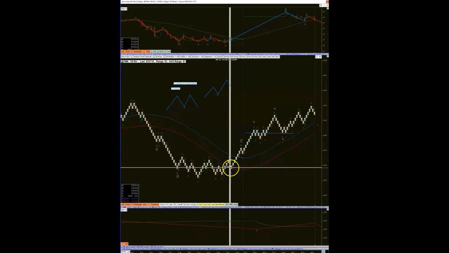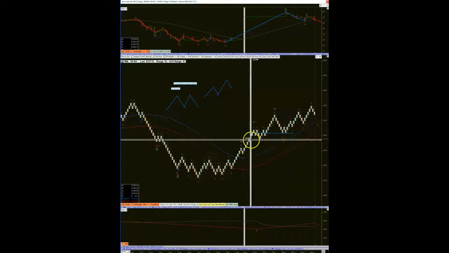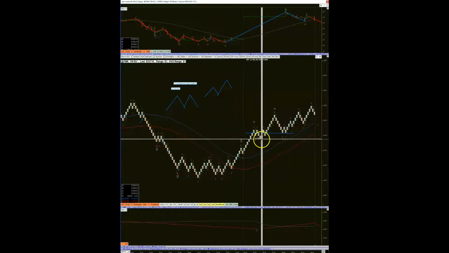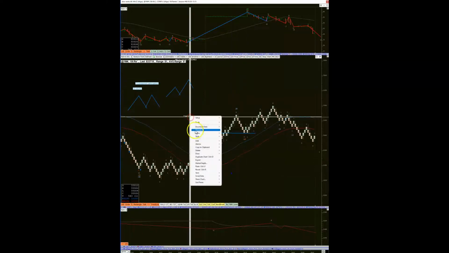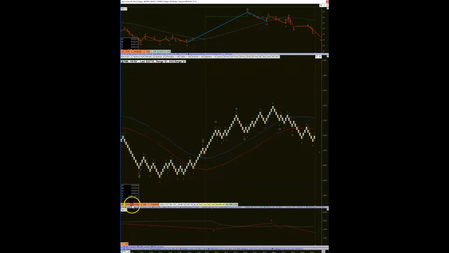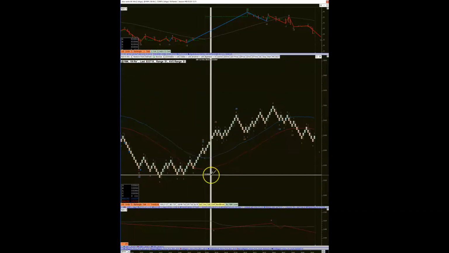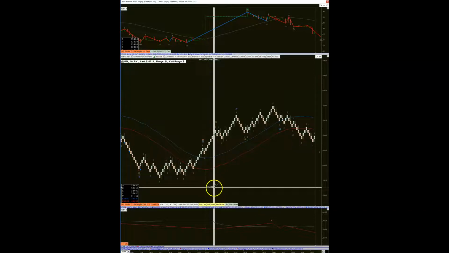Because over here it didn't pull back enough, so you're not going to get it, and you have to be okay with that. Because when you have strong demand, the market's not going to pull back. It's just not.